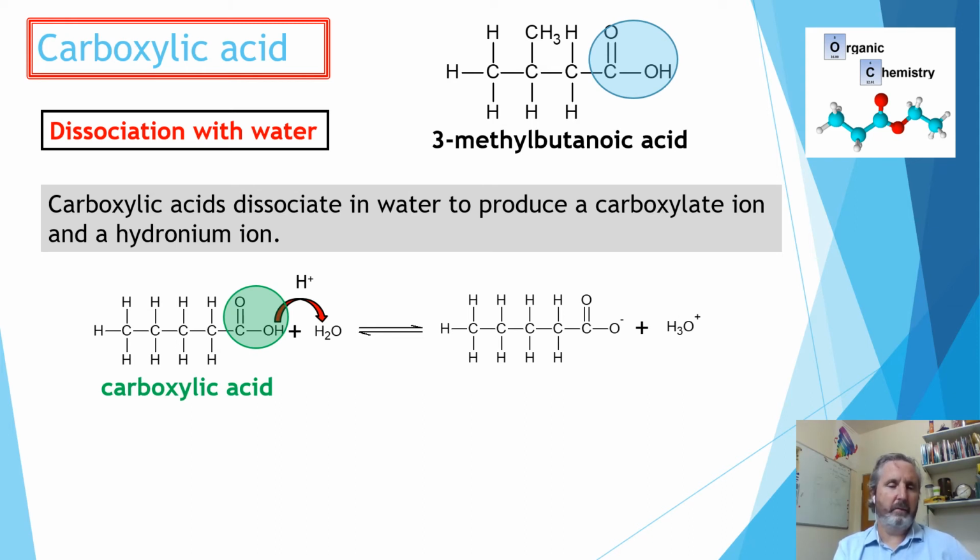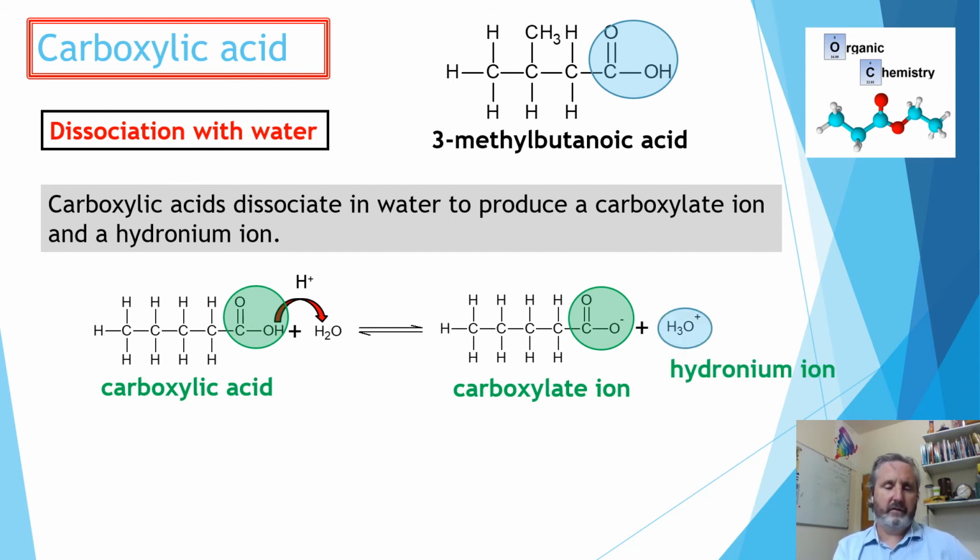And in this case, what it's going to produce is this carboxylate ion. In this case, this is pentanoate. So what's happening here is the H plus has left, it's gone to the water to make an H3O plus, which is our characteristic acid ion, and it's produced this carboxylate ion.